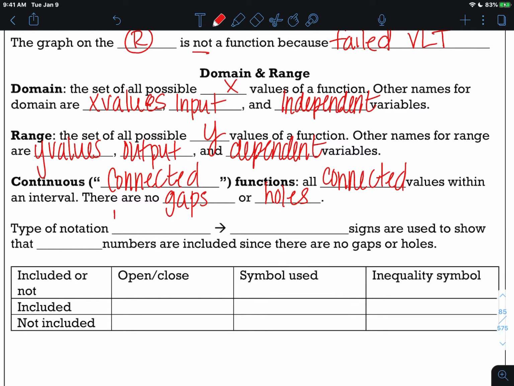We use this type of notation called interval notation, meaning we're going to use those fancy inequality signs. They show all the numbers that are included since there are no gaps or holes. So instead of listing out the numbers 1, 2, 3, 4, 5, 6, 7, I would say the domain went from 1 to 10. The range went from -5 to +5, okay?